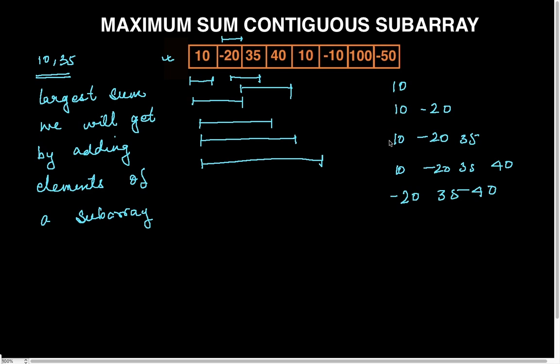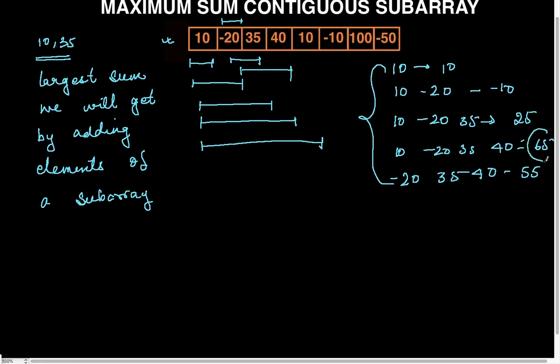If I sum the elements in each of these, the sums are 10, minus 10, 10 minus 20 plus 35 which is 25, 75 minus 10 which is 65, and 75 minus 20 which is 55. As you can see, out of all these subarrays, the maximum sum is 65, and you have to return this sum.